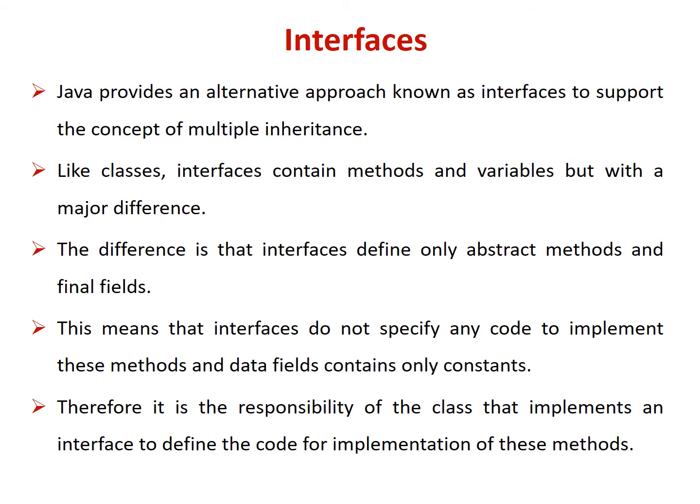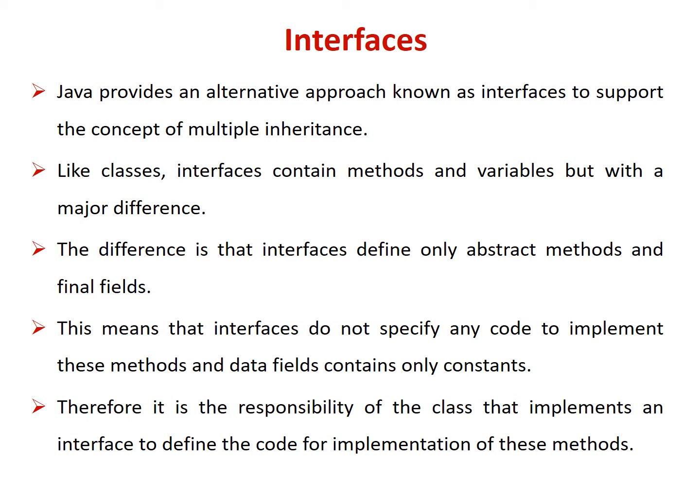Interfaces. Java provides an alternative approach known as interfaces to support the concept of multiple inheritance. Like classes, interfaces contain methods and variables but with a major difference. The difference is that interfaces define only abstract methods and final fields.